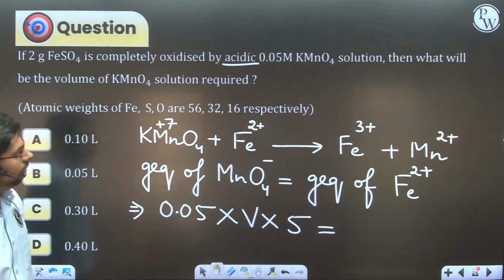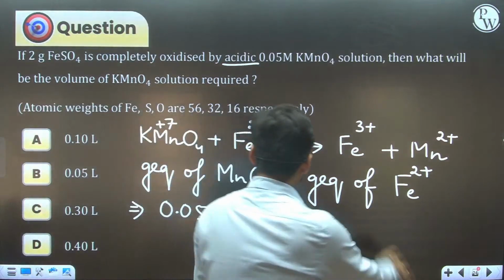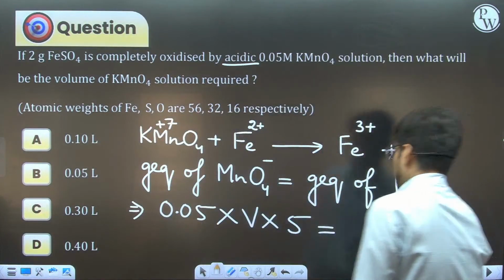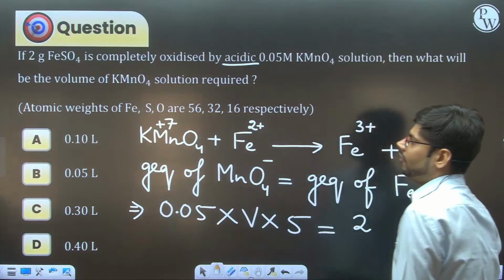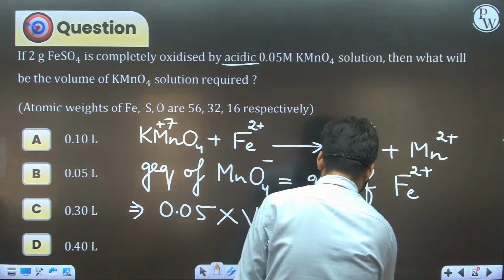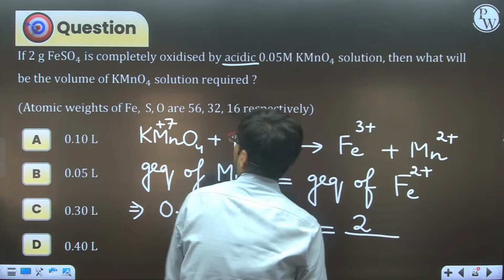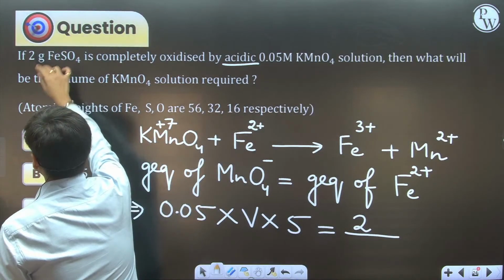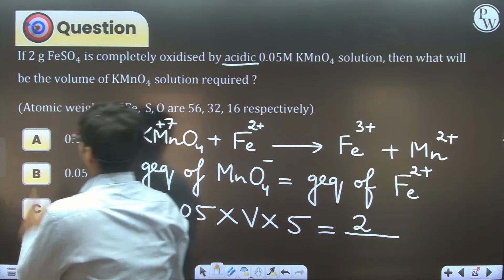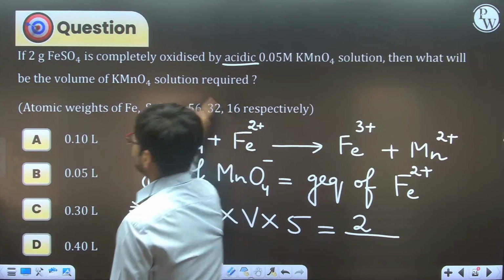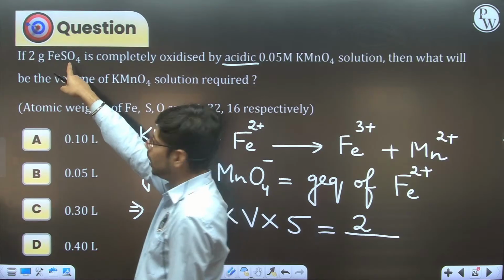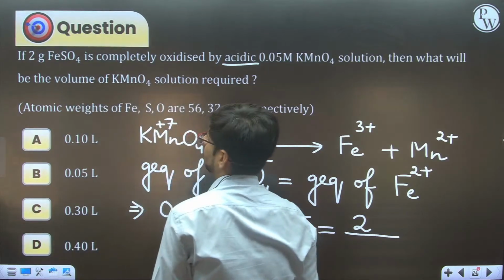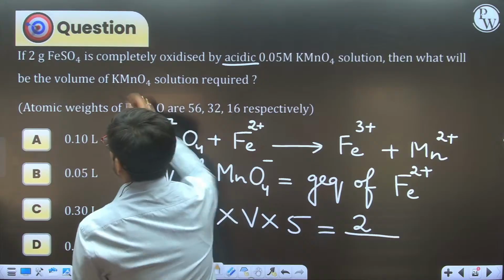Similarly, GEQ of Fe2 plus. GEQ is what? Moles into NF. What is moles? Moles will be grams by molar mass. From 2 grams of FeSO4, we'll have Fe2 plus. How many moles of FeSO4 are there? 2 upon molar mass of FeSO4. The number of moles of Fe2 plus will be exactly the same as the number of moles of FeSO4.